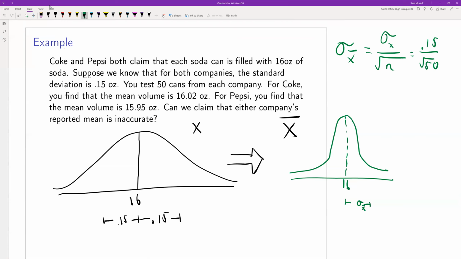But we can go ahead and calculate exactly what that needs to be. The number we get is 0.0212. A standard deviation that is almost a tenth what the original one was.